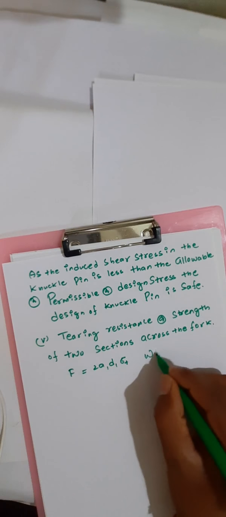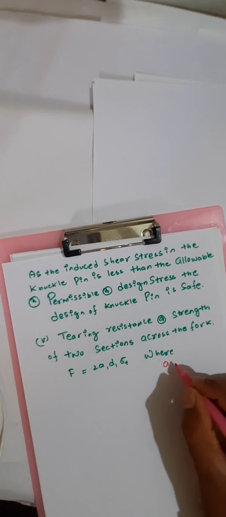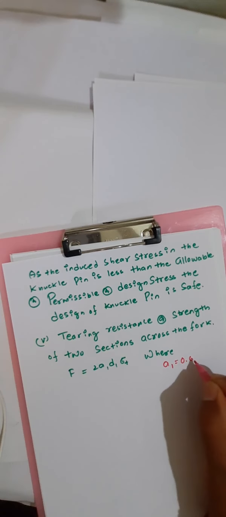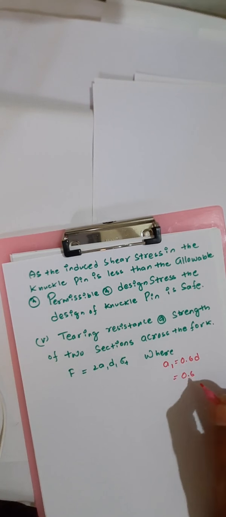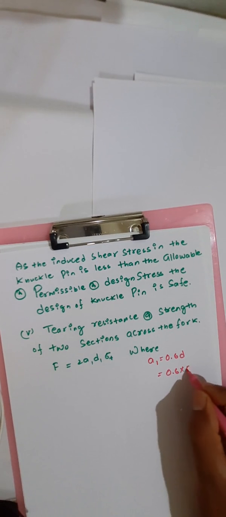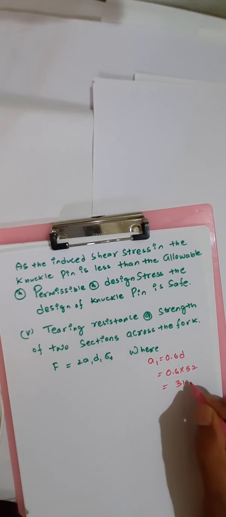Where a1 is equal to 0.6 d. So we know the value of d, 0.6 into 52. If we simplify that, we'll get 31.2 mm.